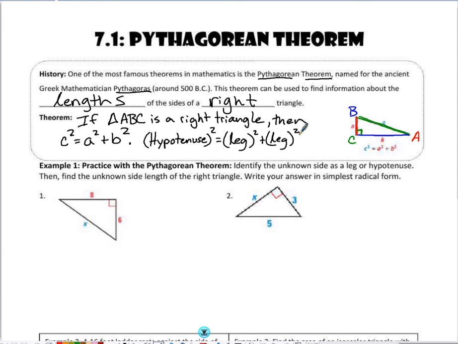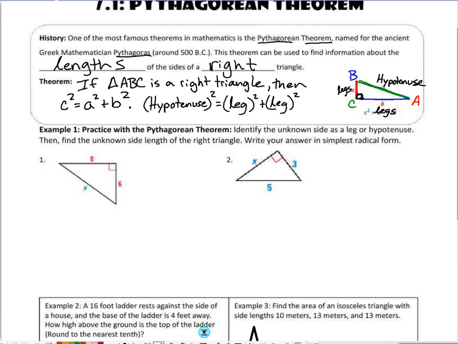When I look at my picture here of my right triangle, the two sides adjacent to the right angle are the legs, and the side opposite of the right angle, or angle C, here in this case, is the hypotenuse. So you can use those features to help remember which side is being squared and which ones are added, and that'll be a helpful formula for us to know.